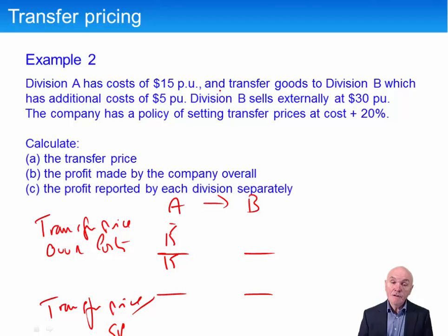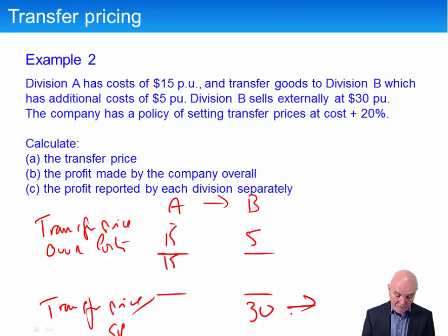It transfers the goods to division B, which has additional costs of 5 per unit, so its own costs will be 5. And division B can sell externally at 30, so that's going out to the public. The company has a policy of setting transfer prices at cost plus 20%, plus a third.